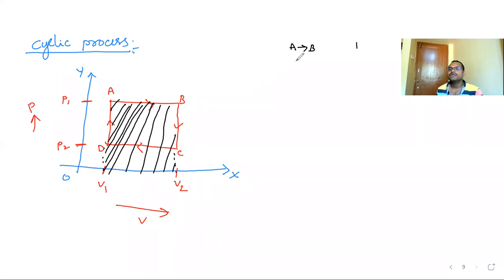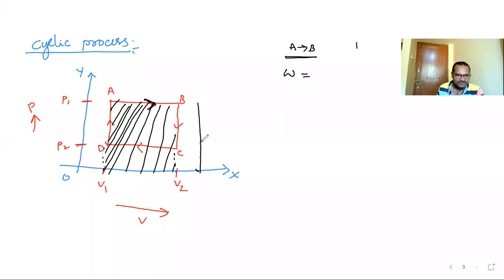This area gives you what? Work done by the gas. From A to B, the work done by the gas is the area under the graph, and that too in expansion. See, volume is increasing. Clear? So how much can we get for this area? See, this length A to B, how much?